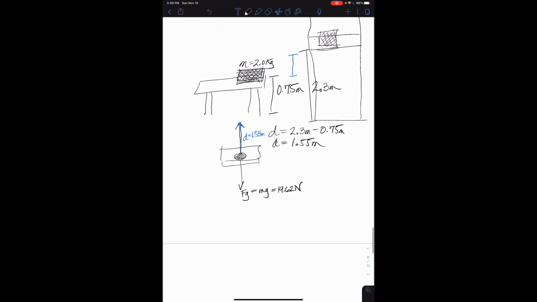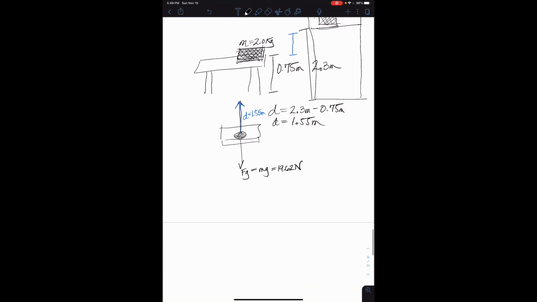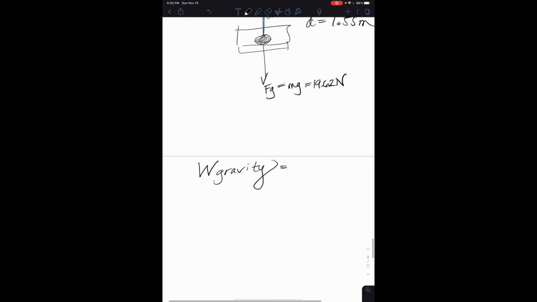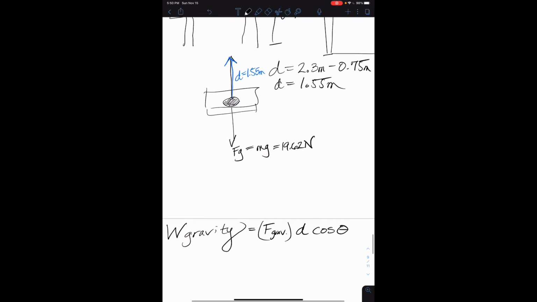All right, so what we're saying then is the work done by gravity, kind of running out of room a little bit, is equal to the force of gravity times the distance, right? Times the cosine of theta. What's theta? Theta is this angle right here.